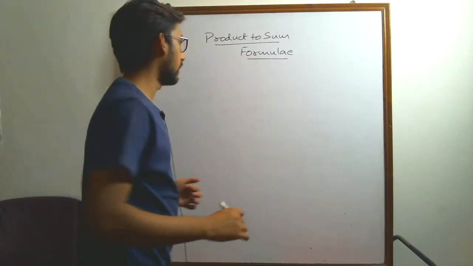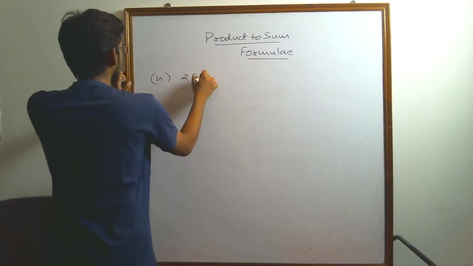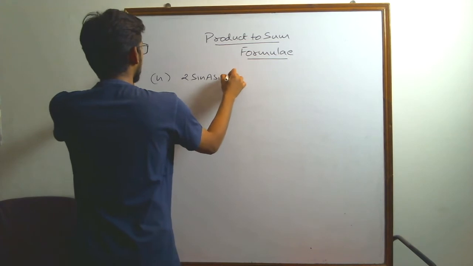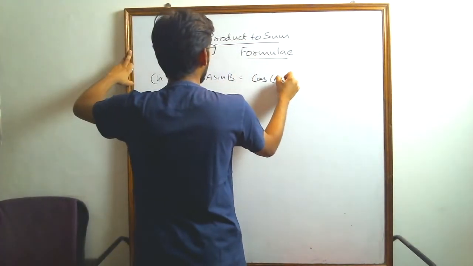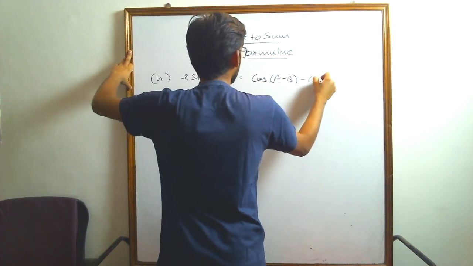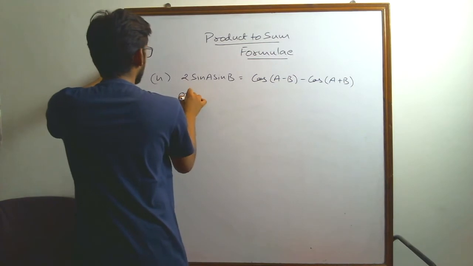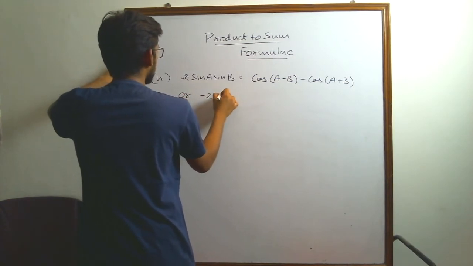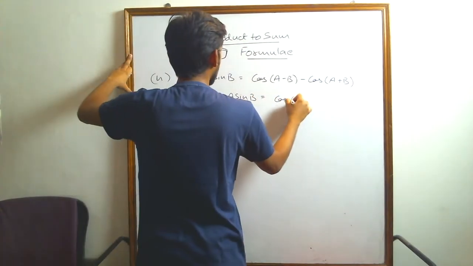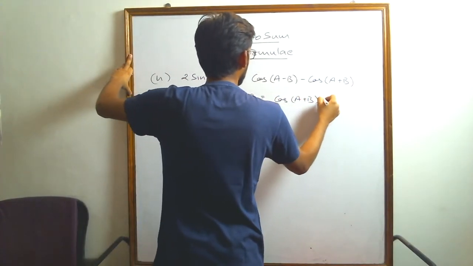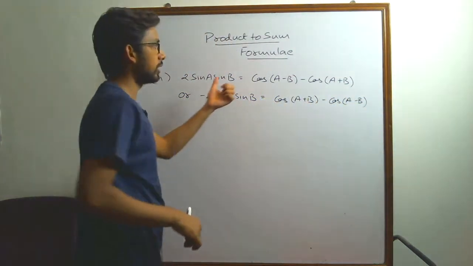So the fourth formula is 2 sine A sine B, which is actually equal to cos of A minus B minus cos A plus B, or we can write minus 2 sine A sine B is equal to cos A plus B minus cos A minus B. So you see that there is a little change here.